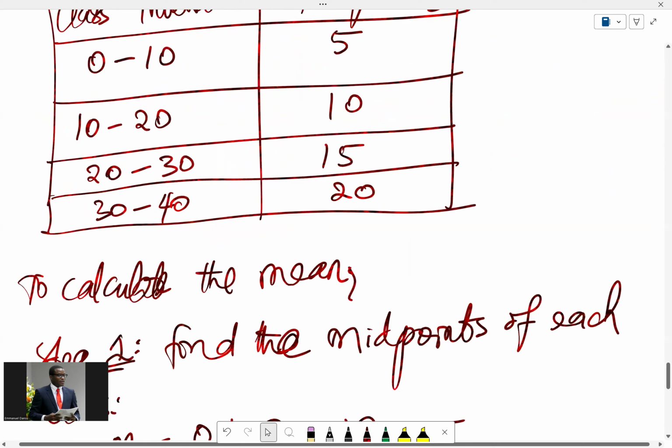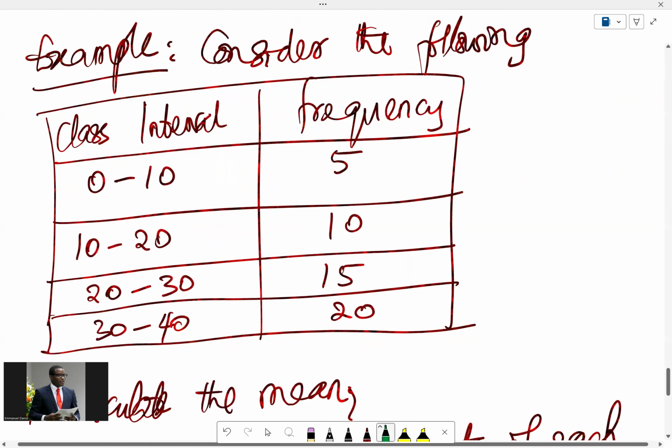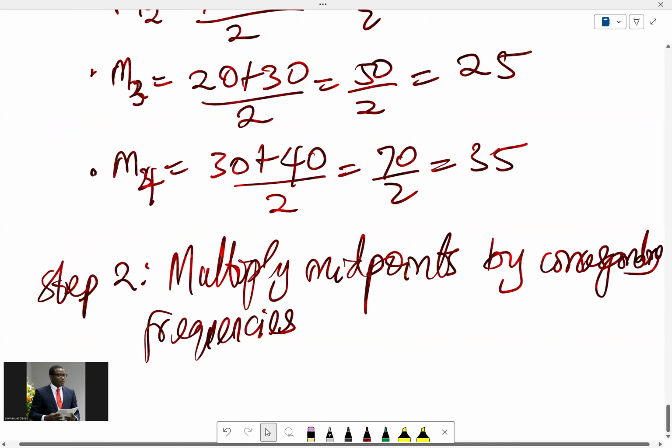So corresponding to this one, the midpoint would be 5. The midpoint here is 15. The midpoint here is 25. And the midpoint here is 35, right? So the next thing you have to do is multiply the pairs like that. Okay. So that's the next step.